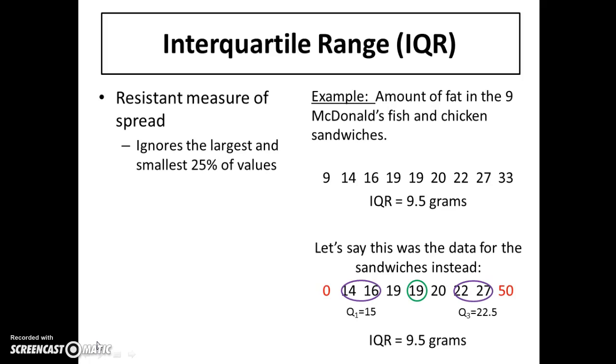And the reason that the IQR is a resistant measure of spread is because it ignores the largest and smallest 25% of values, right? So this 0 and 50 have no bearing on our IQR because they are outside of the middle 50% of the data. So no matter how big or how small those values get, it does not impact our IQR.